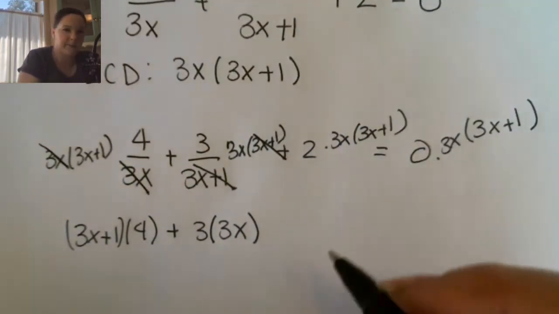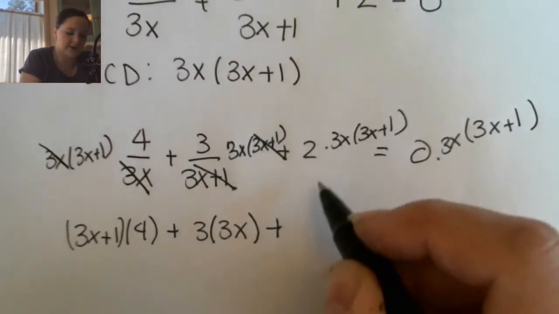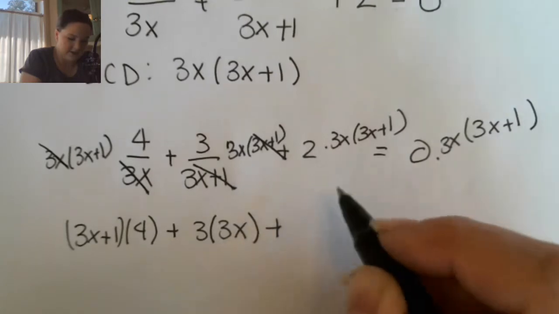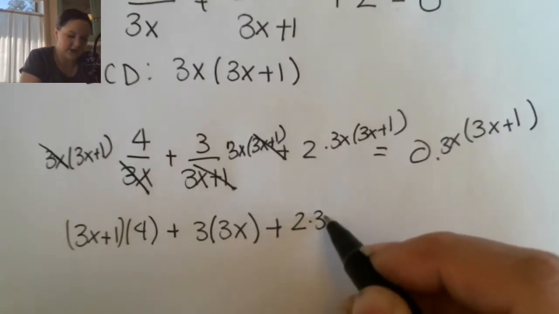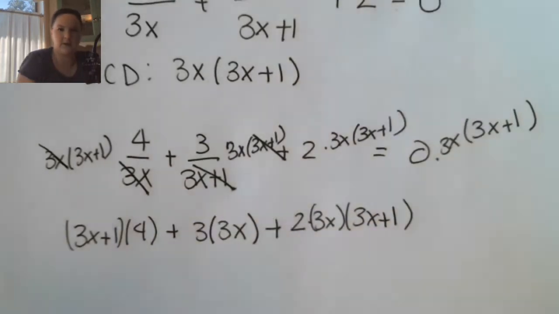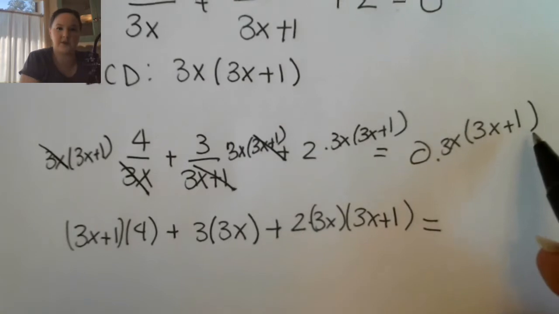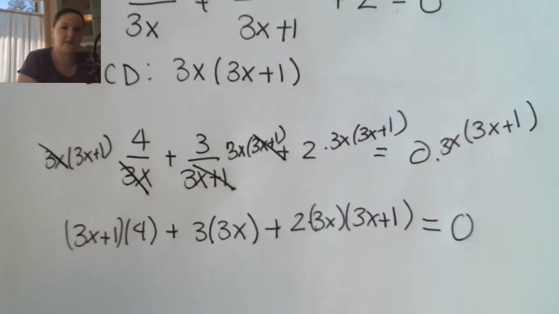Then here, there's nothing in the denominator, so nothing cancels, and I just get 2 times 3x times 3x plus 1. And on the right side of the equation, 0 times this stuff is still 0.